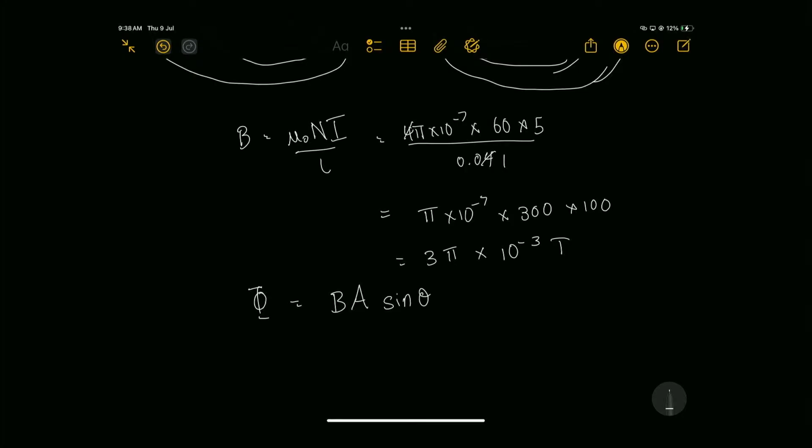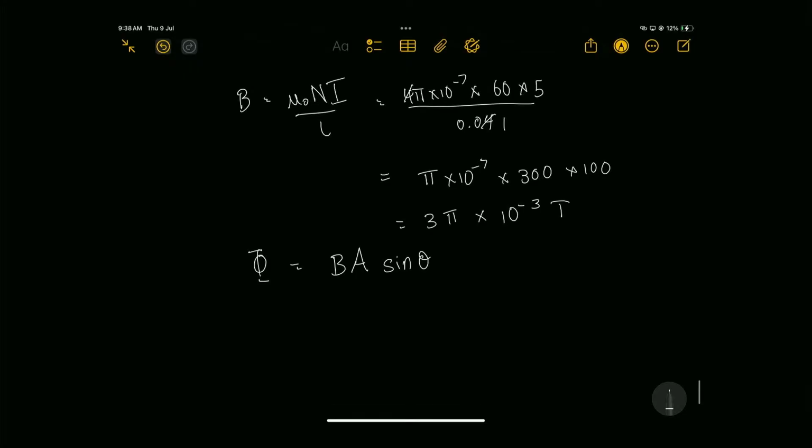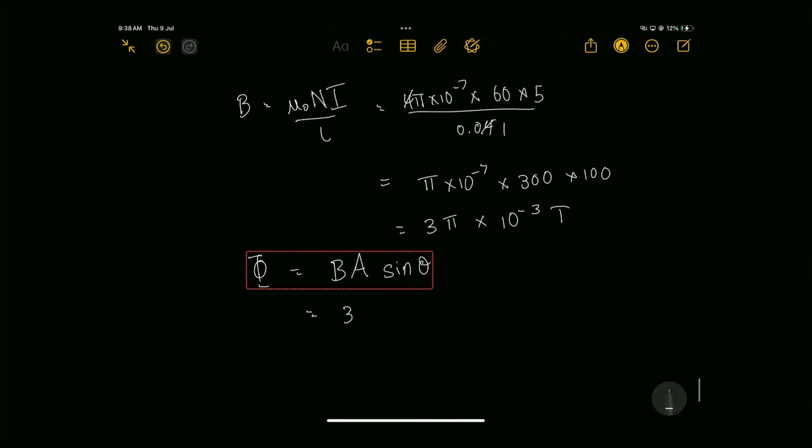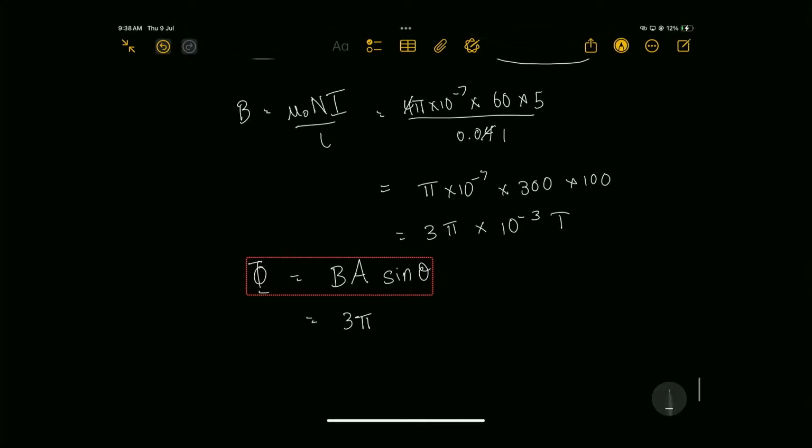But we know for a solenoid, the magnetic field is perpendicular to the coils, right? So therefore we could just write this as B times A. So this would be 3 pi by 10 to the minus 3 times A.